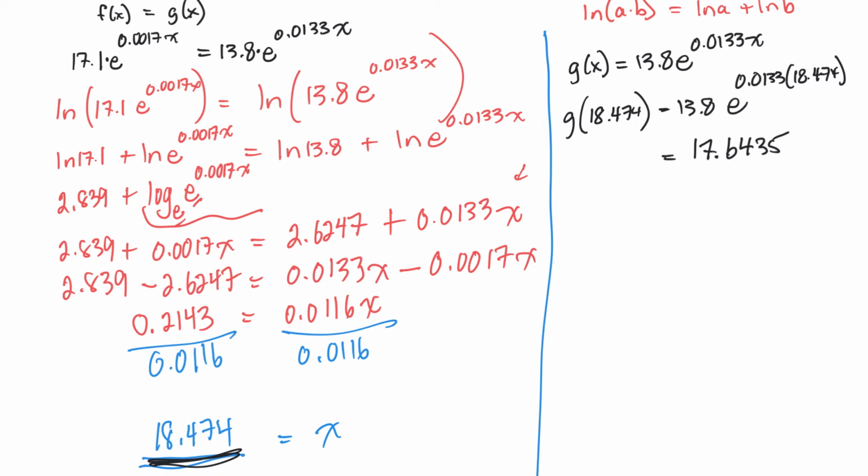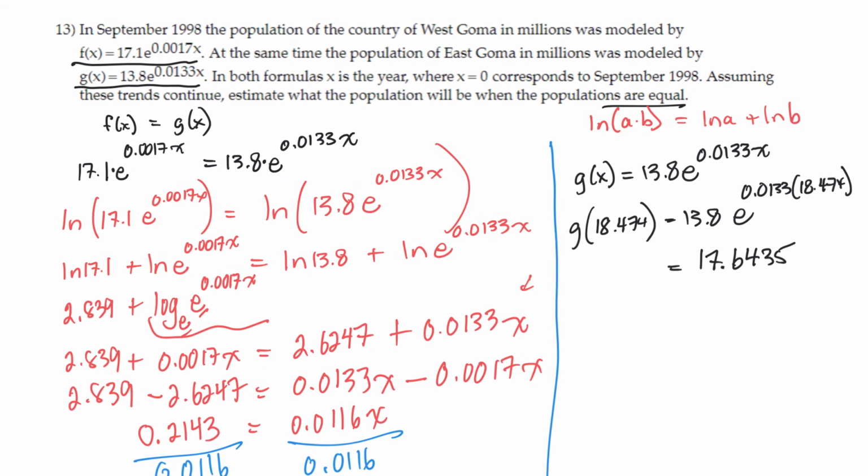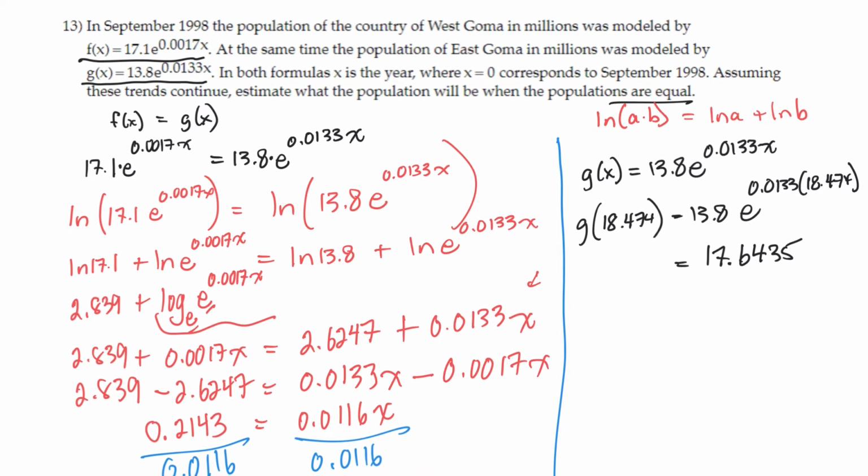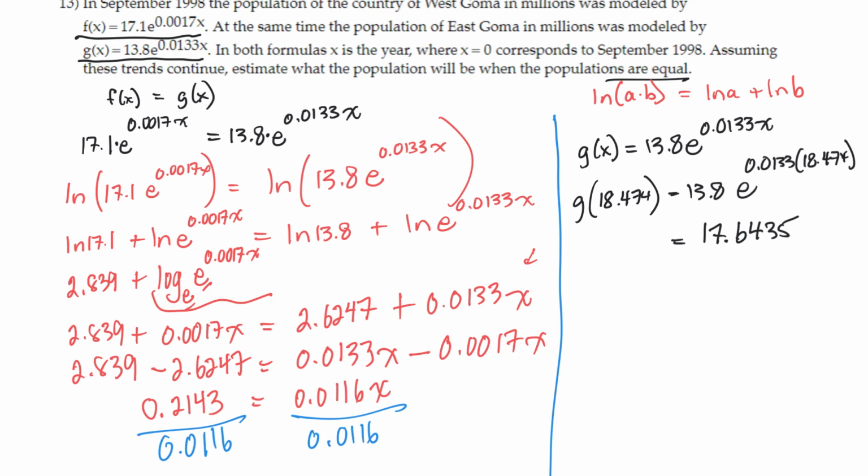So that's a population. Now, is the population in millions or something? Oh, it's in millions. So it'd be 17.6435 million. So if you were to take this number here, the 18.474, and plug it in here, you should get the same number. Try it and see.